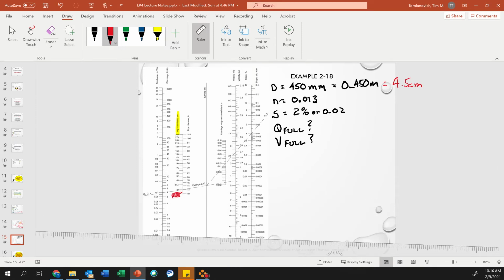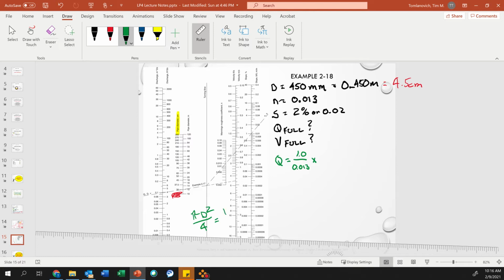Okay. So Q equals 1.0 divided by 0.013 times the cross-sectional area of flow, and that is pi d squared over 4.